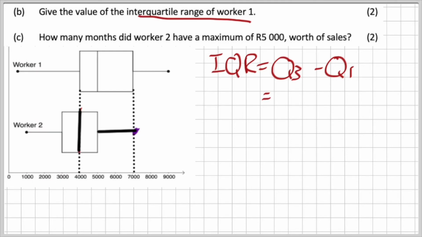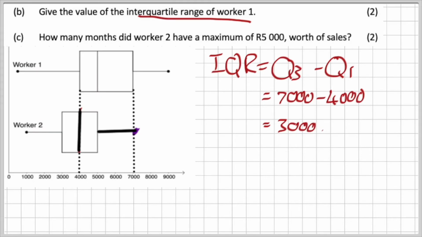Now Q3 is 7,000, Q1 is 4,000. So if I subtract the 4,000 from the 7,000, I get a beautiful 3,000. Does it mean much? No, not really.